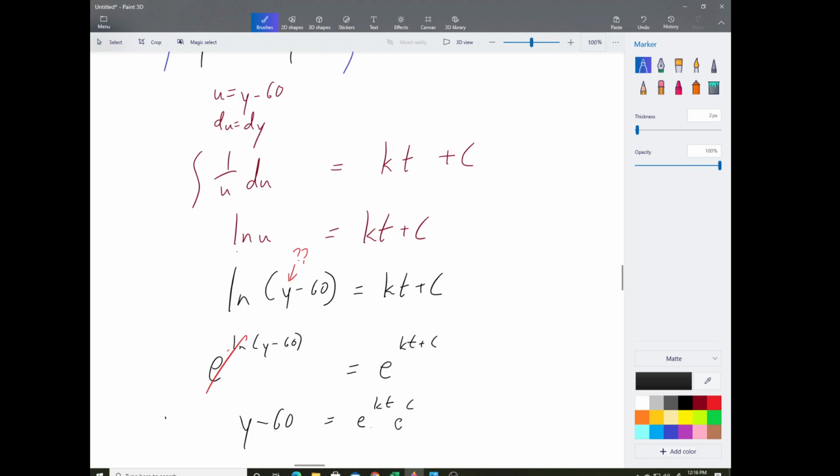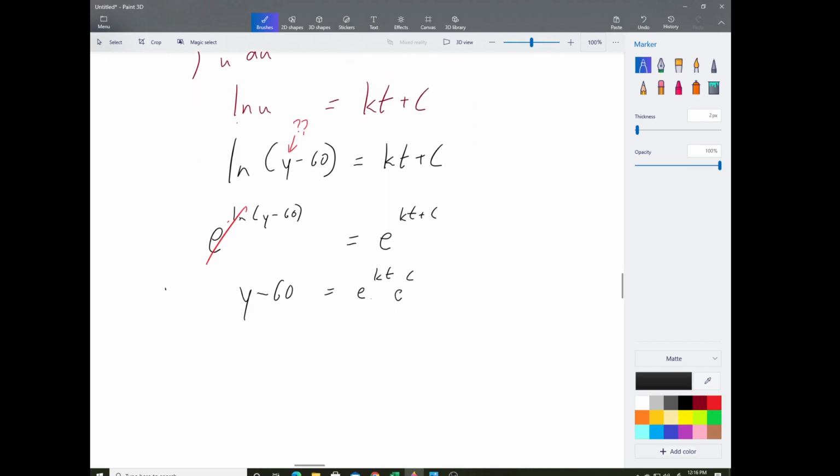It is a legal move, remember, to take what's in the exponent location. If you're adding them together, it's the same thing as giving each of those objects the same base. So e to the kt times e to the c. And very conveniently, e to the c is just another constant.